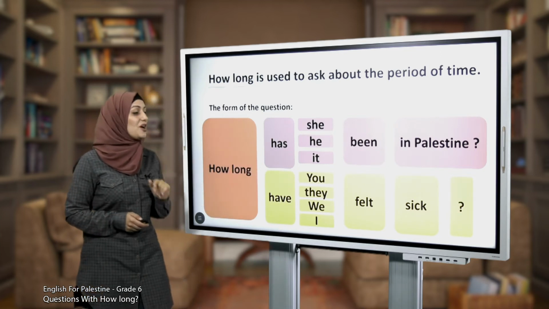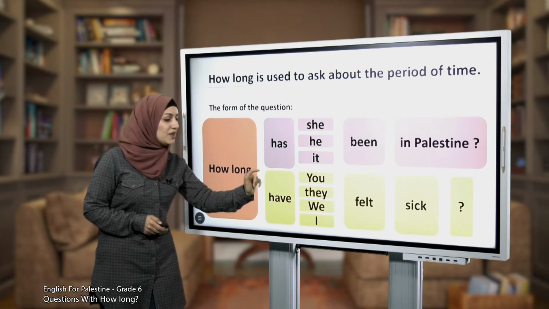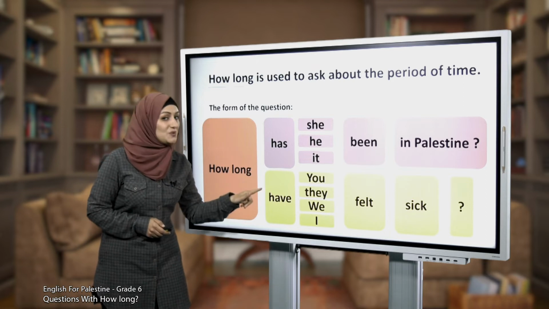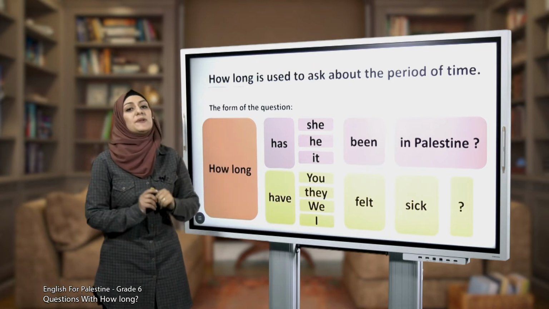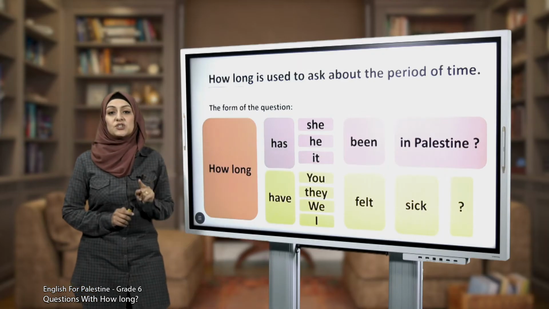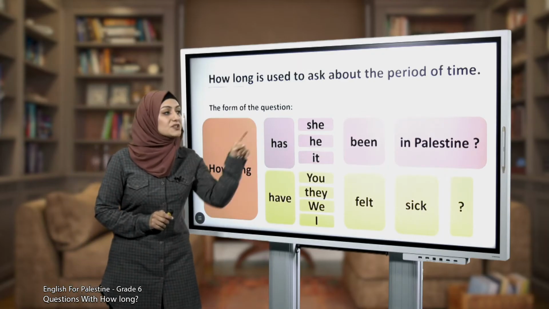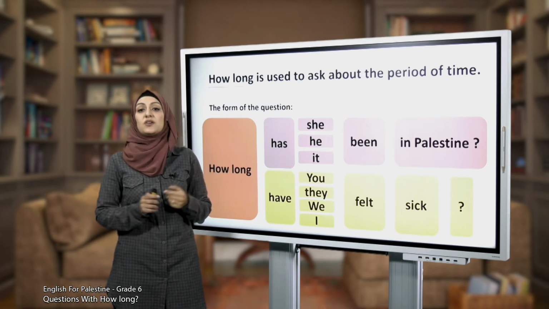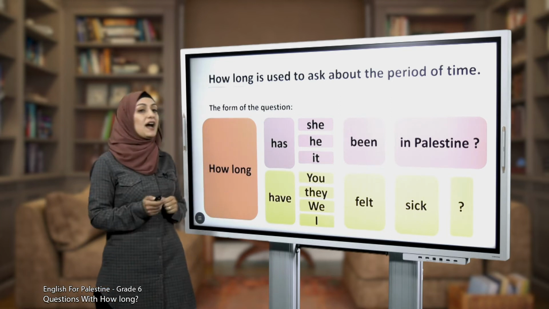If the subject of the question is you, they, we, or I, always remember to use have. And then we complete the question with the verb 3, or the past participle of the verb, and then the complement of the question. Dear students, always remember to put a question mark at the end of the question because we are asking here how long.